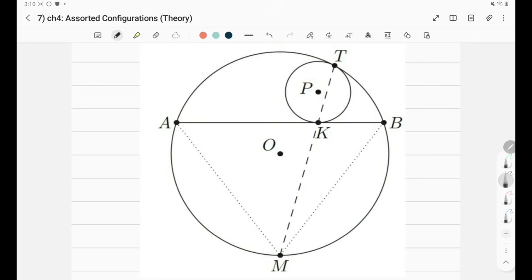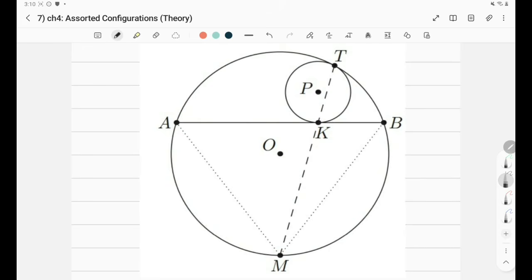You always have such a homothety, because this point is going to stay the same and this is going to be sent to this one. That means this circle will be mapped into another circle that has center O and passes through T. So guess what? It's exactly like the bigger one. So we do have such a homothety.